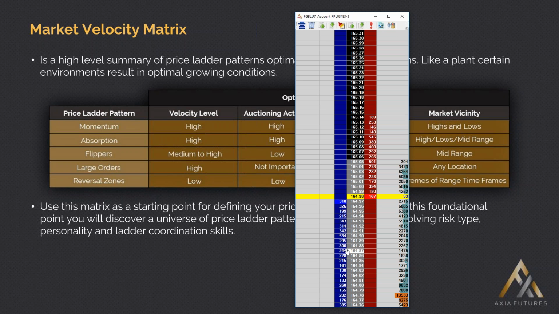So a lot of times, the best reversal zones are the ones where the market has reached an extreme, and then the auction activity starts slowing down relative to where it was on the other side.